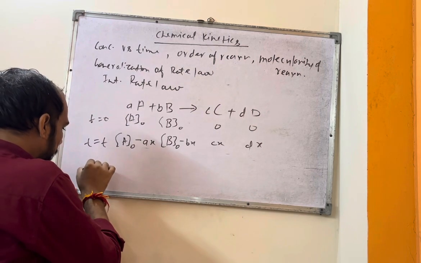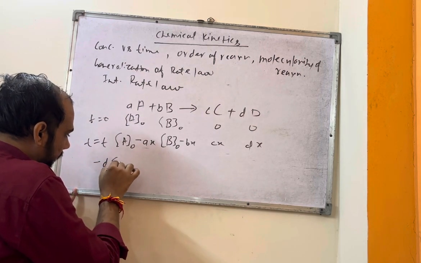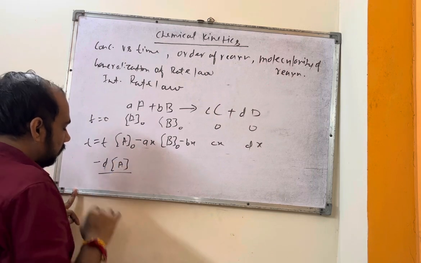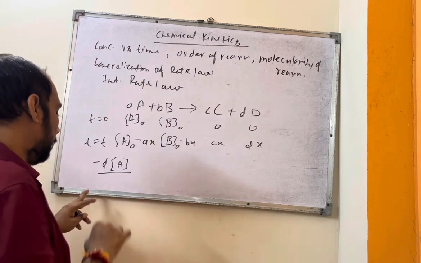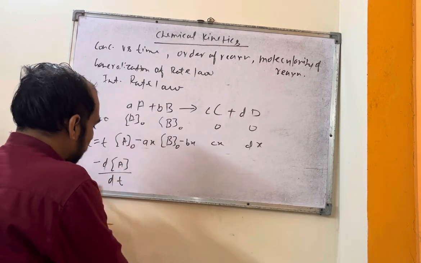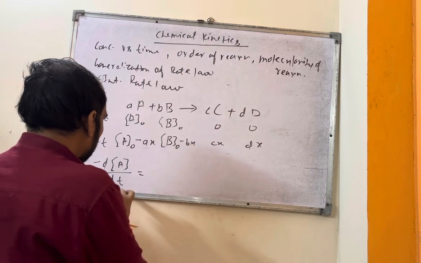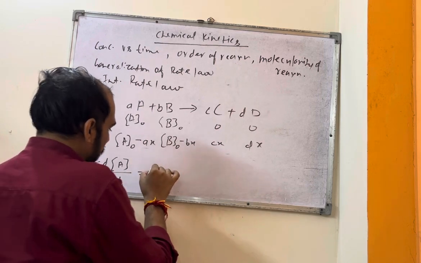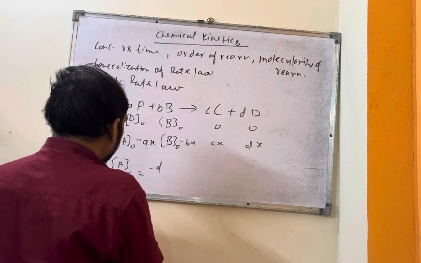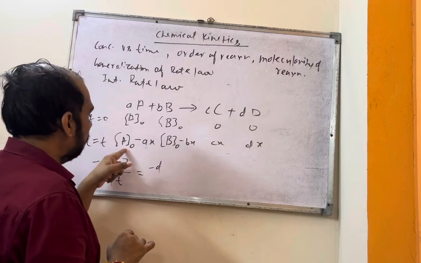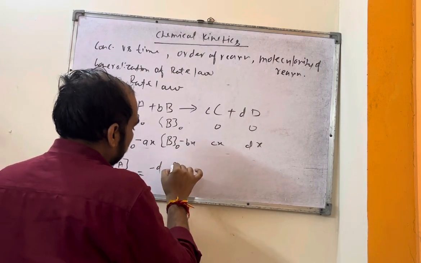Now let's write the rate of reaction with respect to A. So minus dA by dt is equal to minus d of the concentration at time t, which is A0 minus ax.